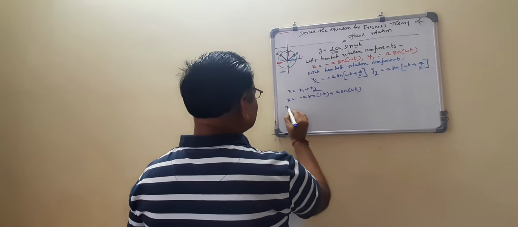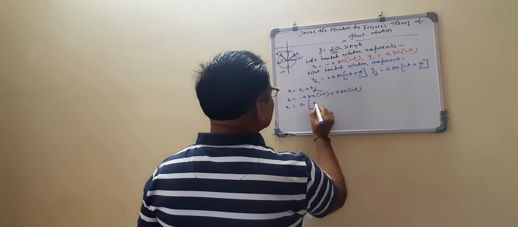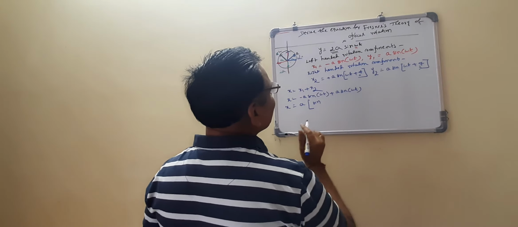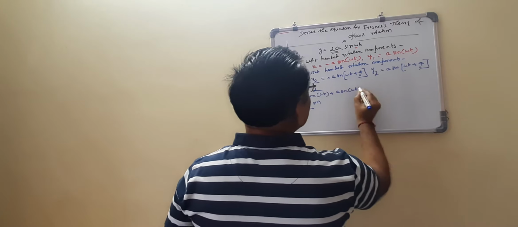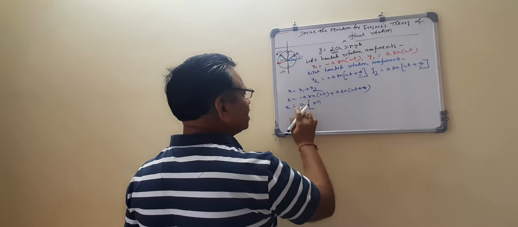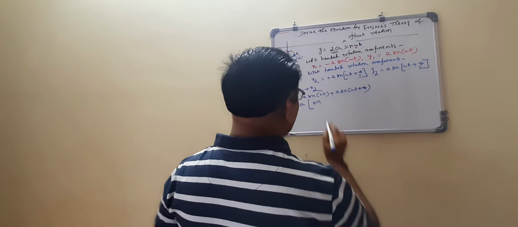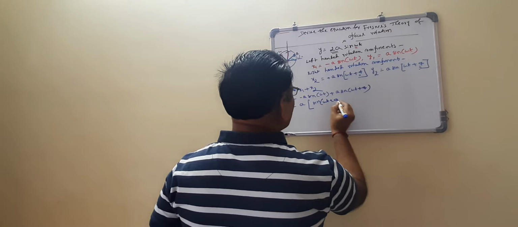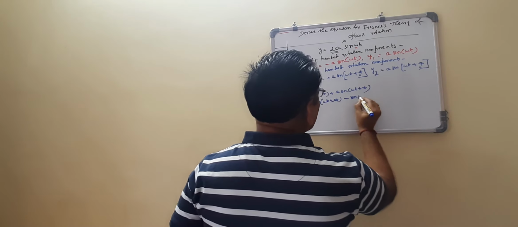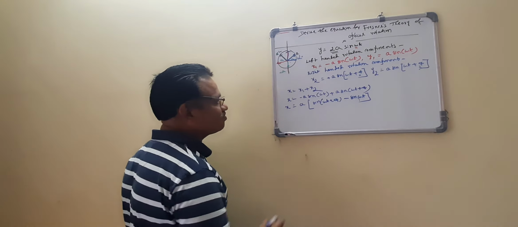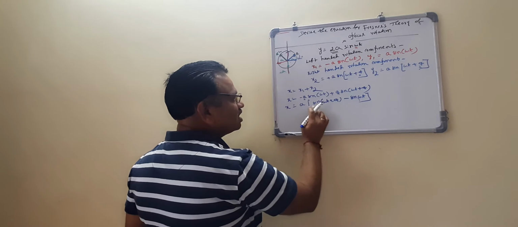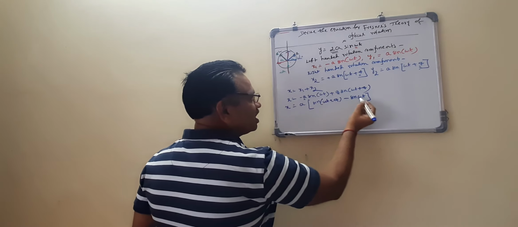So that x equal to A into sine of omega t plus phi minus sine of omega t. I think it's clear for you. Here A is common. First I am writing this term here, sine of omega t plus phi minus sine of omega t.